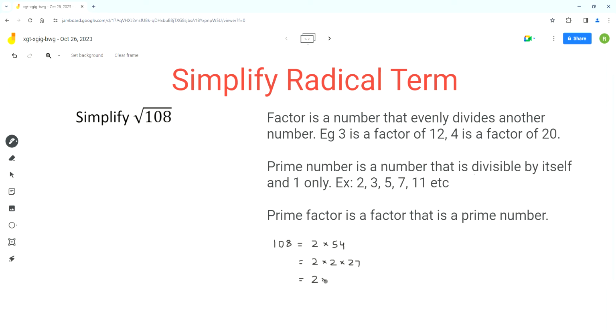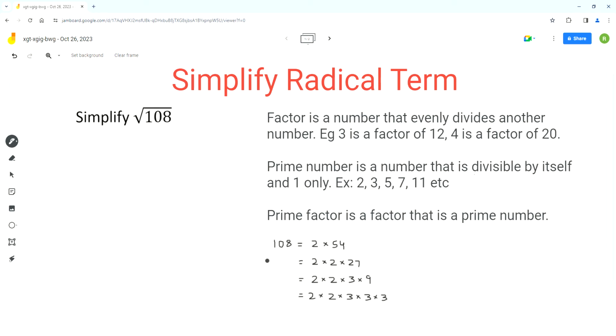So we get 2 times 3 times 9. And 9 is divisible by 3. So we can rewrite this as 2 times 3 times 3 times 3. Because 3 times 3 is equal to 9. So these are the prime factors of 108.